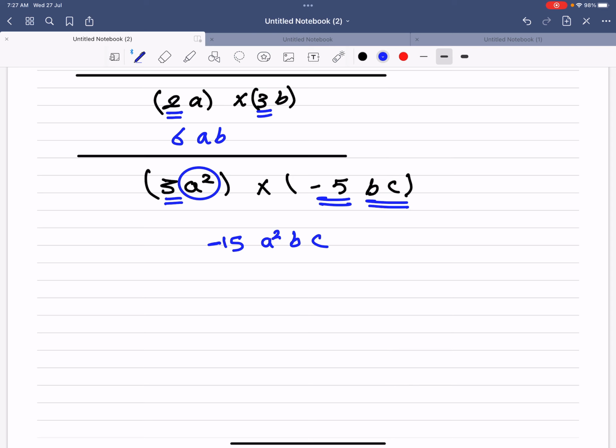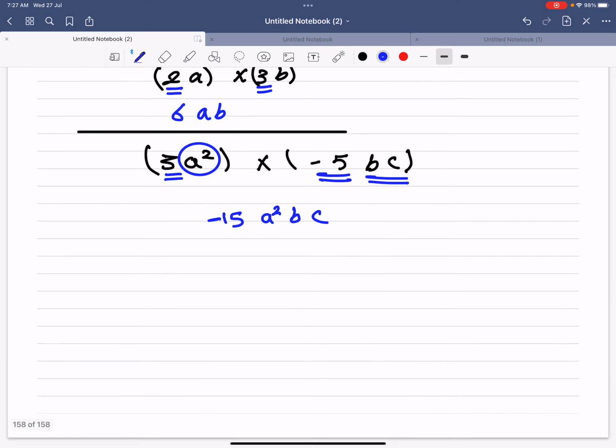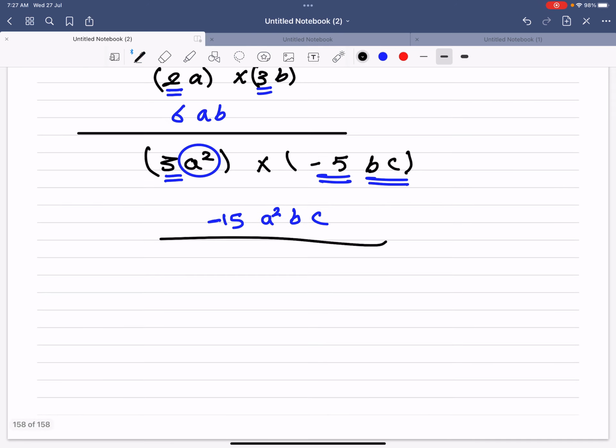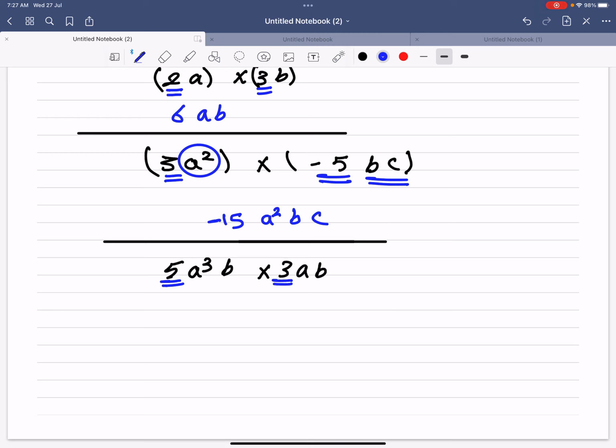Okay, let's go to something else. If we have another thing like 5 a power 3 b multiply 3 ab. So 5 times 3, I'm going to multiply both of these coefficients together, so it will be 15. What about a power 3 and a?